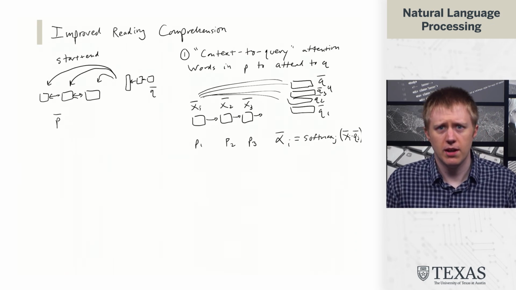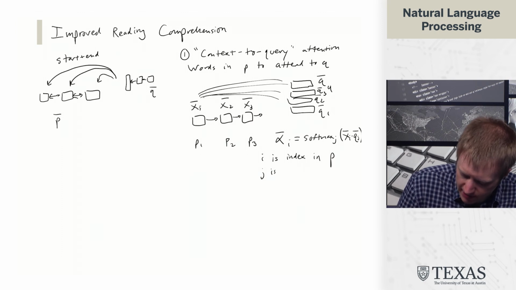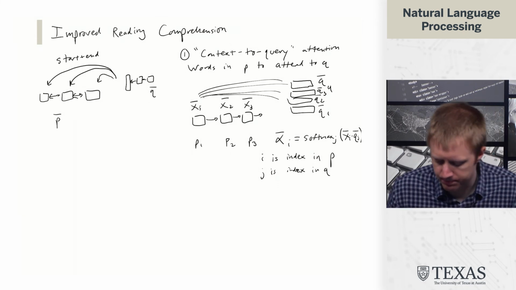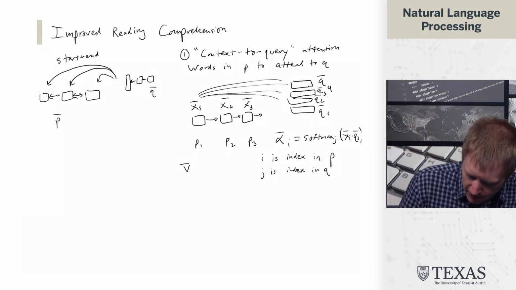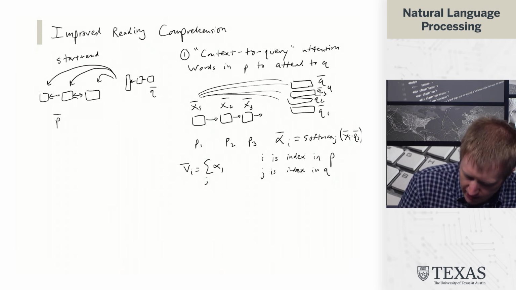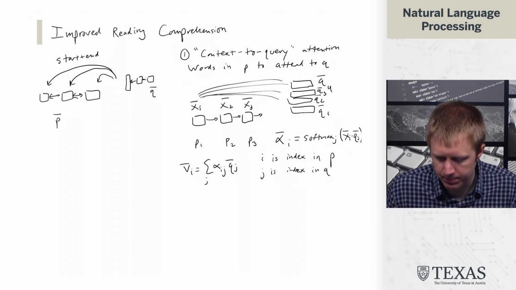So again, the i is an index in P, and j is an index in Q. And then we're going to form a vector that we call vi, which is the sum over j of alpha ij times qj.